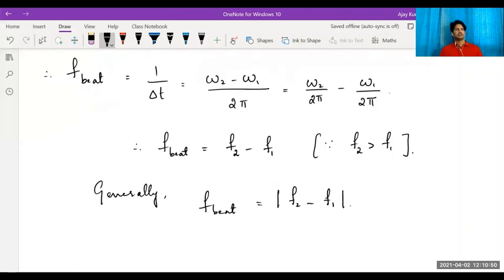For example, if there are two sources of sound, one whose frequency is 400 hertz and the other whose frequency is 404 hertz, you hear a beat frequency of 4. You hear 4 beats per second. When we sounded the two sources in the beginning also, that is what we had observed.